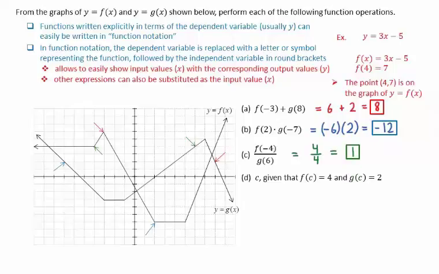For part D, we want to find c, which corresponds to an x value, given that f of c equals 4 and g of c equals 2. Note that in this case, we're actually given the y values, and we have to figure out the corresponding x values. First of all, from f of c equals 4, we can see the possible values of x where the y value is 4 on f of x.